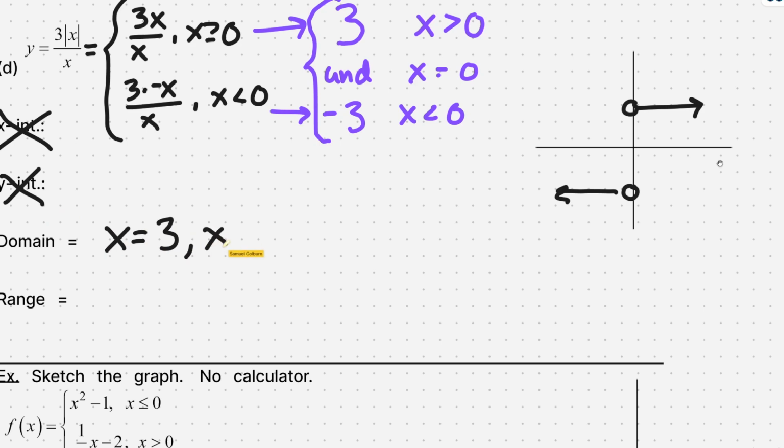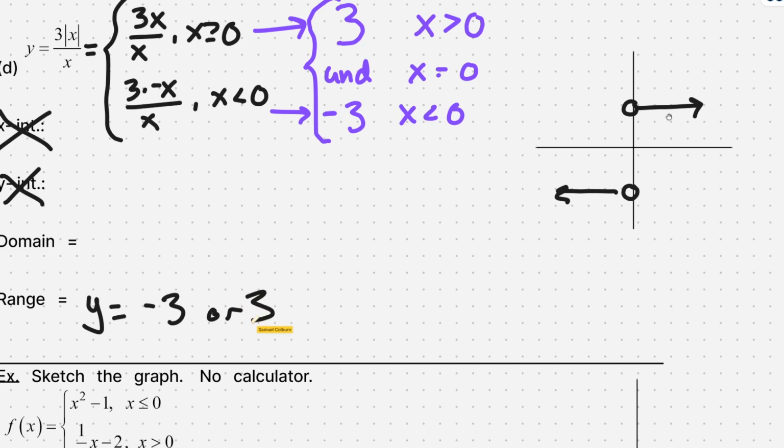Oh, sorry. That's the range. Let's do range. The range is exactly 2 possible values. Y is 3 or negative 3. That's it. That's the only 2 outputs that this function can take. Domain, every number except for 0.